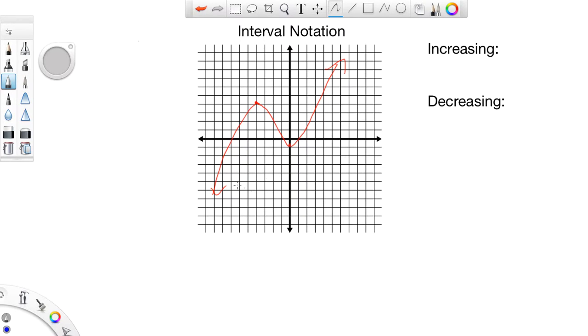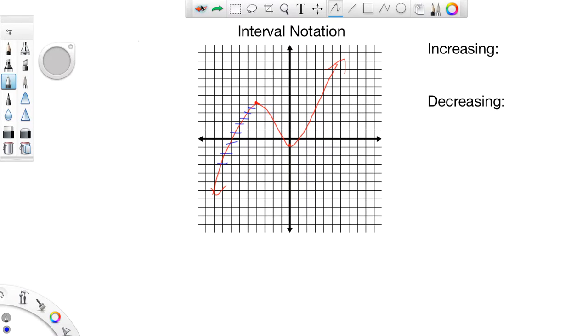When we talk about increasing and decreasing functions, remember a function is increasing when, as x increases, y increases. So as I go left to right, as my x value increases, my y value is also increasing. The function's decreasing when, as I move left to right, as x increases, the y value is decreasing.